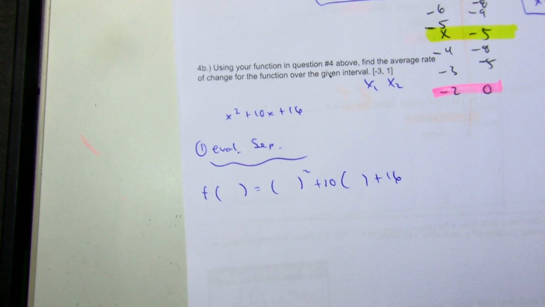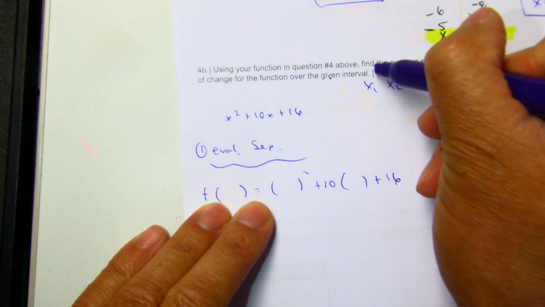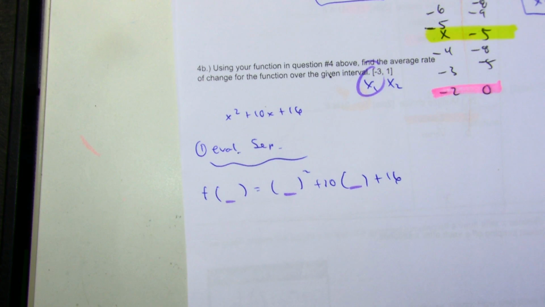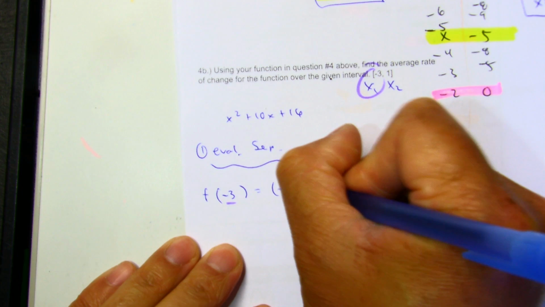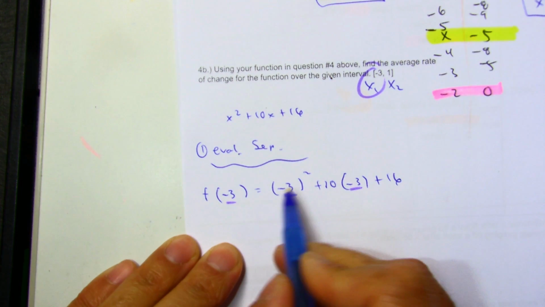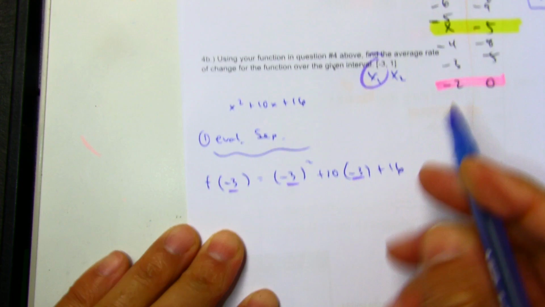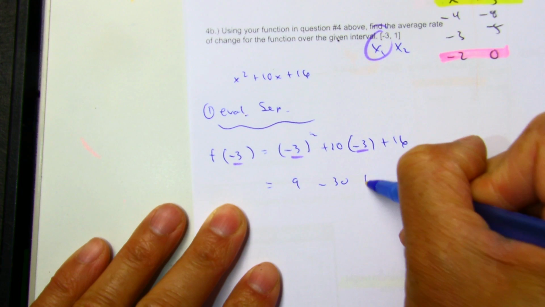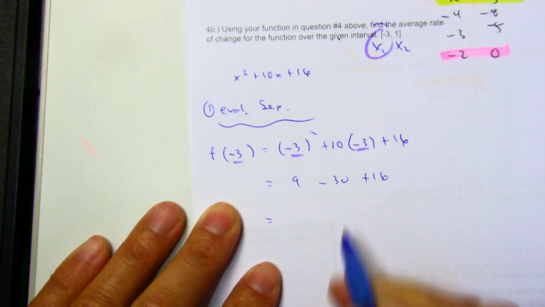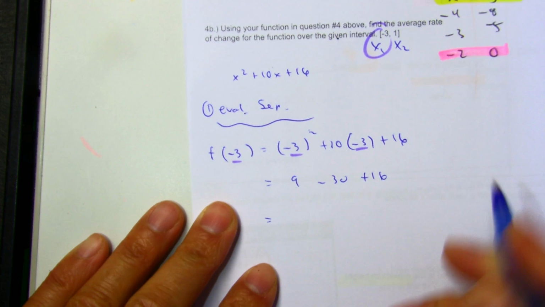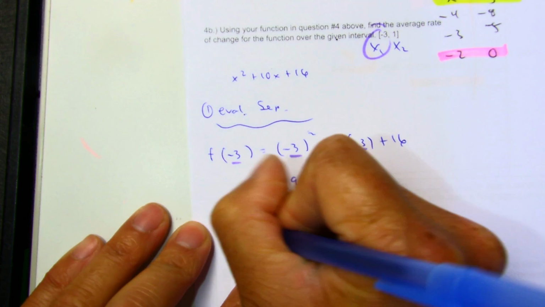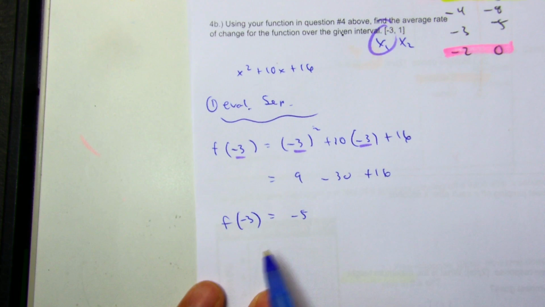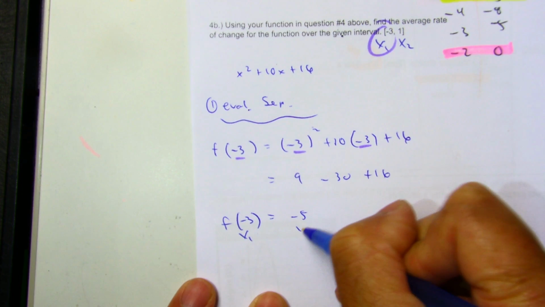So I'm going to put in -3 there. Again, notice it's in parentheses, power of 2 is on the outside, so that would be 9. -30, -21 plus 6, that would be -5. And if you do this correctly, x1, y1, that's the same ordered pair that's already on our table of values.